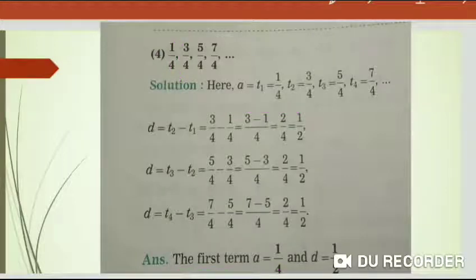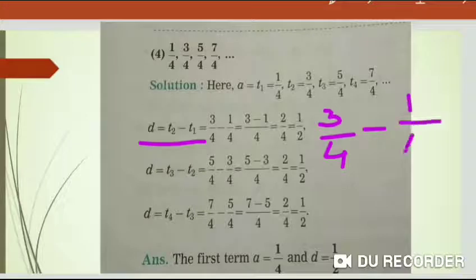Understand? But how we find out the common difference d? In order to find out common difference d, we again take the subtraction of two consecutive terms, that means t2 minus t1. Here t2 is equal to 3 upon 4 minus t1 is equal to 1 upon 4. Now see, the denominators are same.